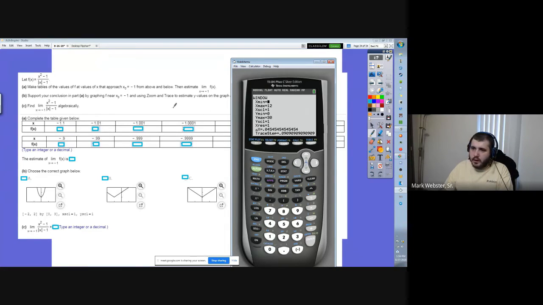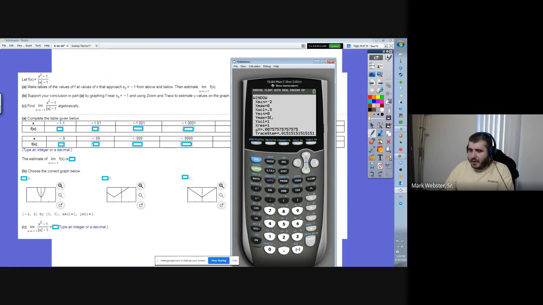Now we want x to approach -1, and let's do our min for x is -2, our max for x is 0. Let's scale it, I don't know, 0.5. Why not? Let's be saucy.